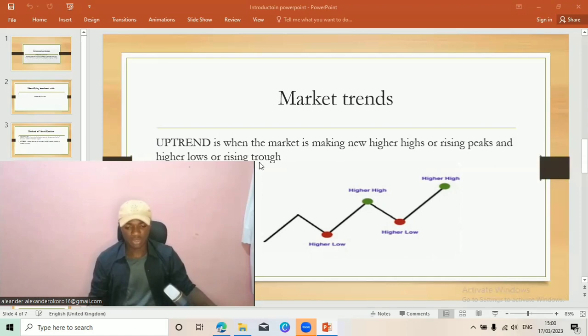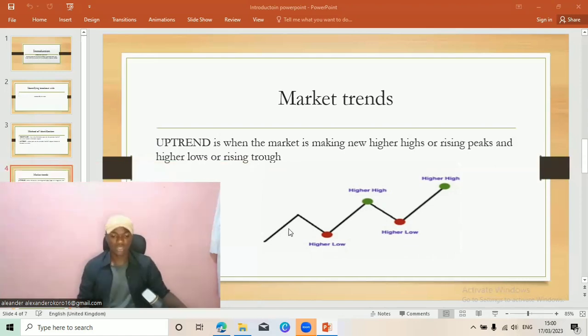Let me reduce this so you can see. Okay, good. Now from here to here, this is a lower low, this is a higher high, this is another lower low, this is a higher high. All right, as simple as that. This is assumed to be a candlestick, when it's moving up, down, up, down, up, down, and so on and so forth.